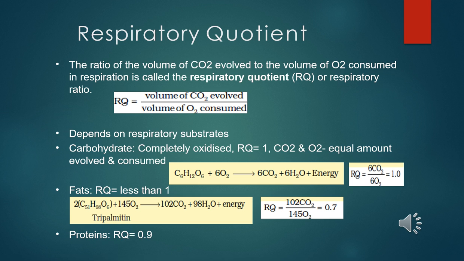Likewise, for proteins the respiratory quotient is 0.9. So the respiratory quotient means how much oxygen is consumed and how much carbon dioxide is evolved; the ratio of that is called the respiratory quotient. With this we'll be finishing this chapter, and the back exercise we'll be doing in the live classes.